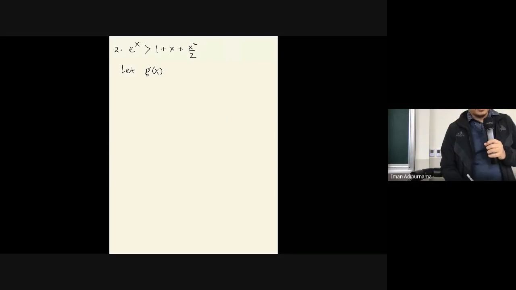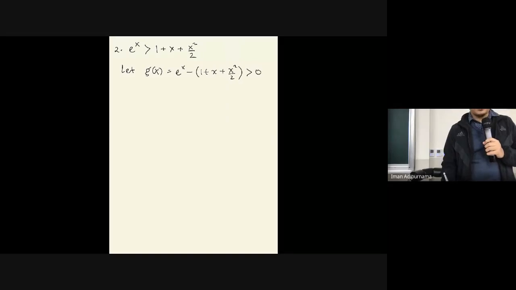Yeah. So the first thing we need to do is define our function. Let's say our function is g(x). This is e to the x minus the whole (1 plus x plus x squared over 2).